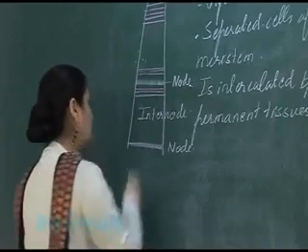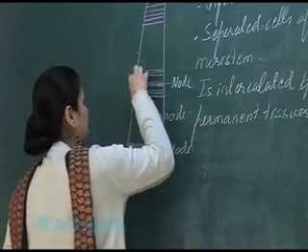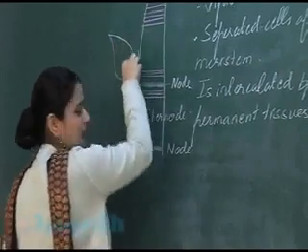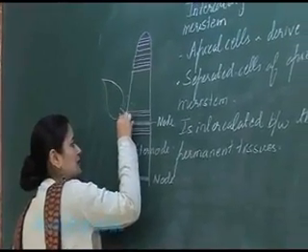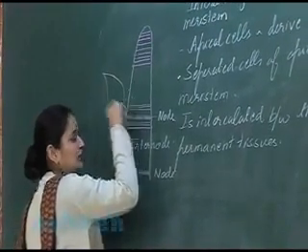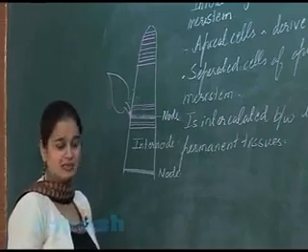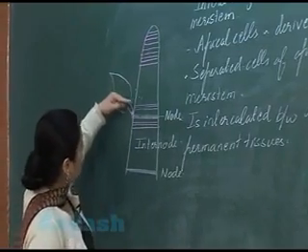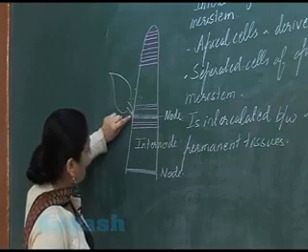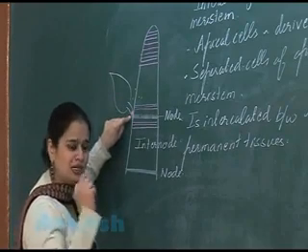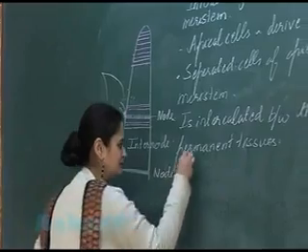Along with that, over the node there is the presence of leaves. So these meristems can also be present at the base of the leaf. So you're getting this? It can be present above the node, below the node, as well as at the base of the leaf. So let's write it down.